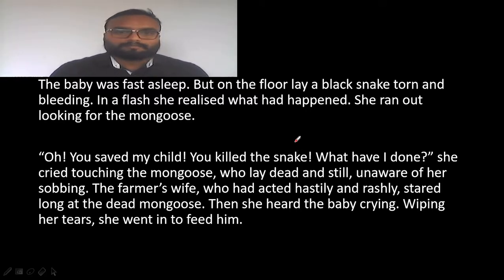There was no harm on the body of the baby, but there in the room on the floor a dead snake was lying in the blood, and the snake was totally torn. It means the mongoose had killed that snake, and the snake was bleeding.